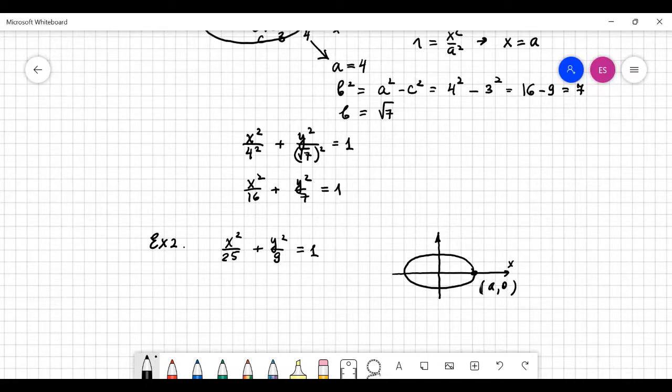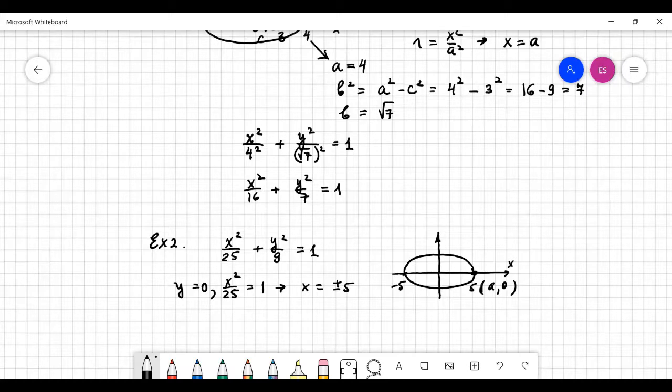If you set y equals 0 over here, what are you going to have? You're going to have x squared over 25 equals 1, from where x equals plus minus 5. y equals 0, this is the x-intercept. So this point is plus 5, and this point is minus 5.